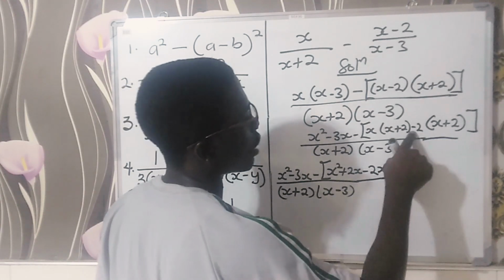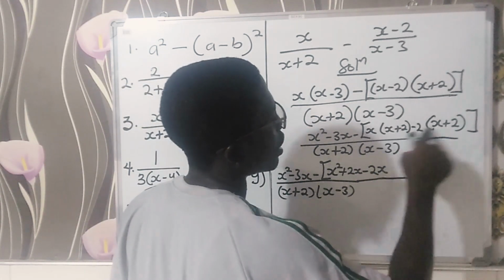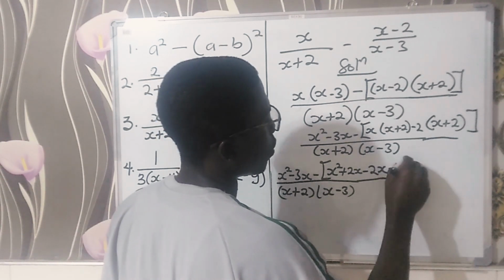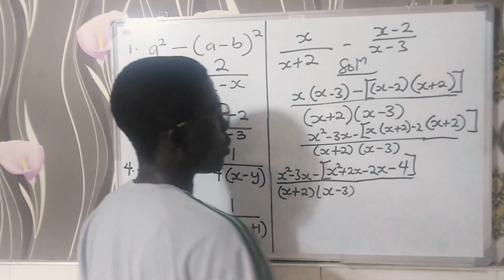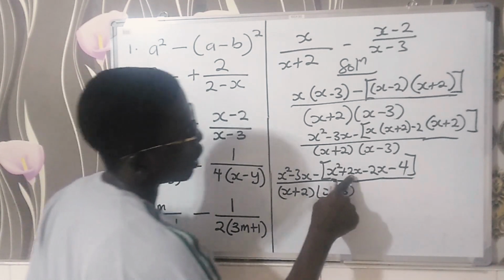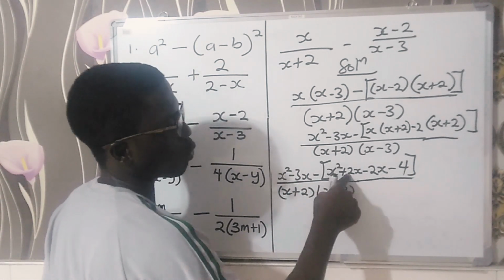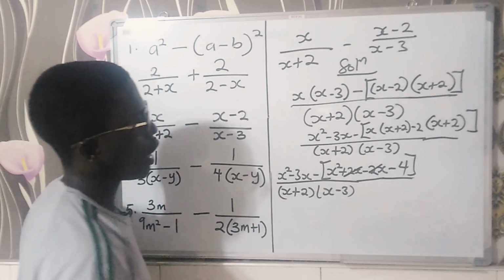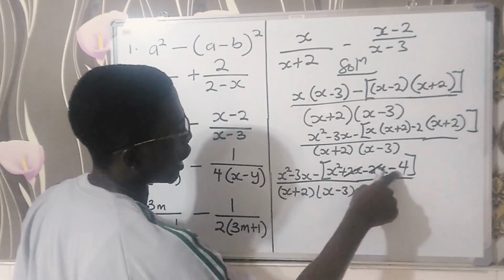Then minus 2 times plus 2 gives us minus 4. You close it. And then you can see like terms can be added or subtracted. So this cancels this straight away. And so you are left with x squared and then minus 4.